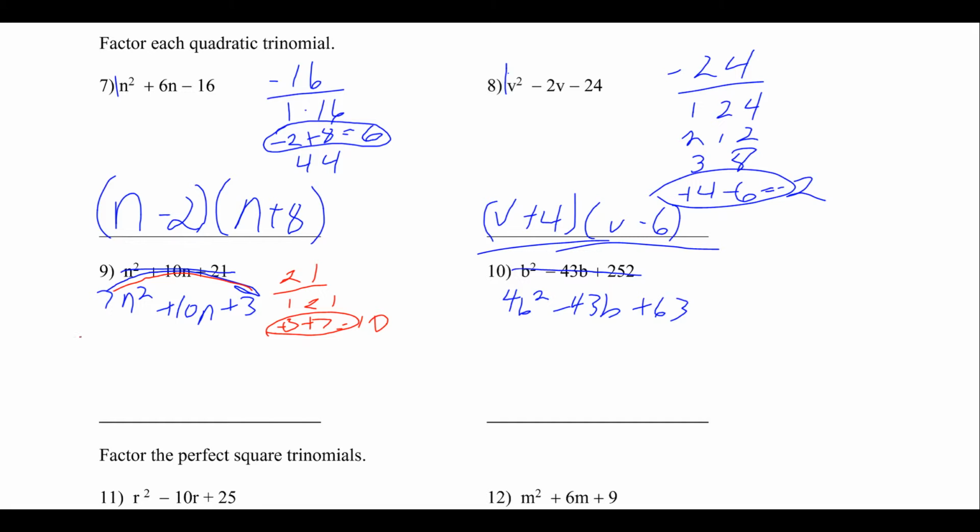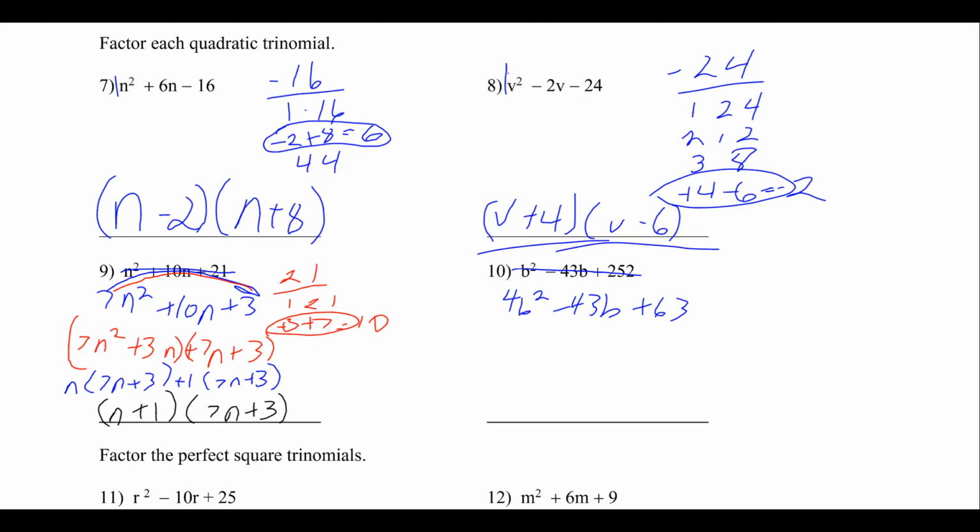So that's going to be 7n squared plus 3n plus 7n plus 3. And then the next thing, we've got n on the outside of 7n plus 3, because I factored out an n on that first piece, and I factor out a 1 on the second piece, and it's going to give me 7n plus 3. So my final answer is going to be n plus 1 and 7n plus 3.